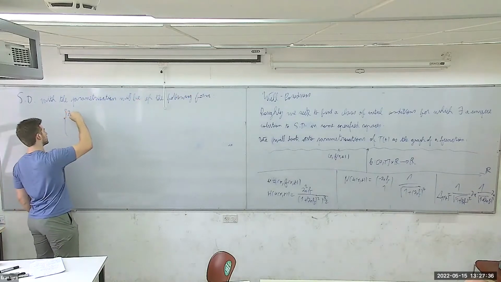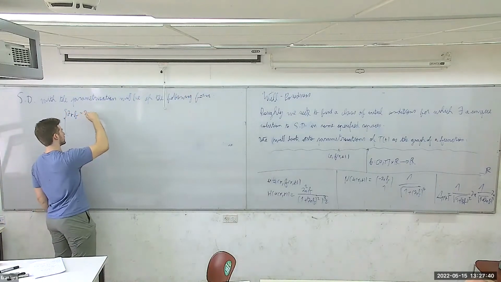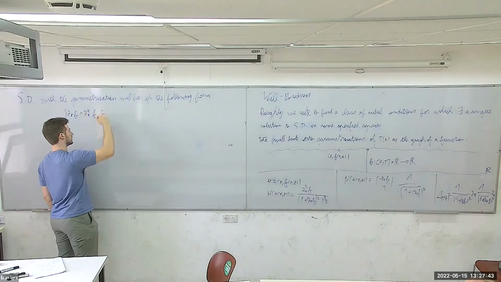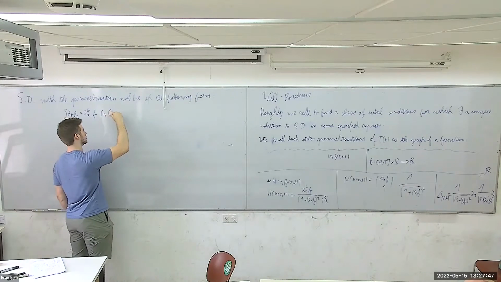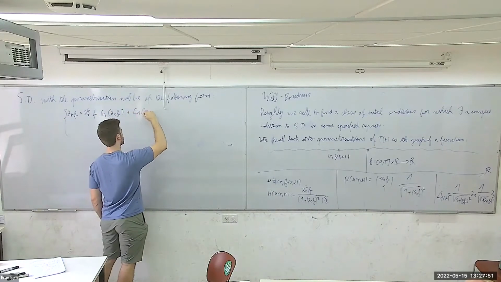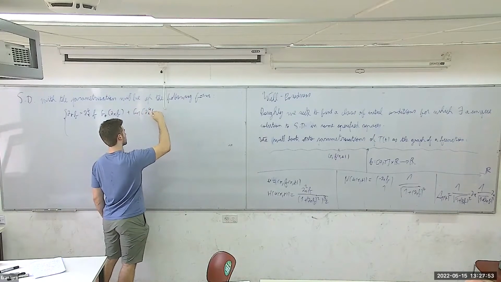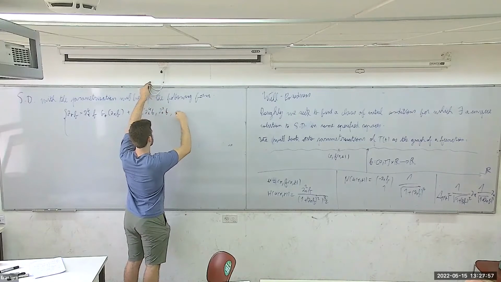Dt of f is equal to dx to the fourth of f times a function g0 of the derivative of f, plus a function g1 of f, dx of f, and so on.